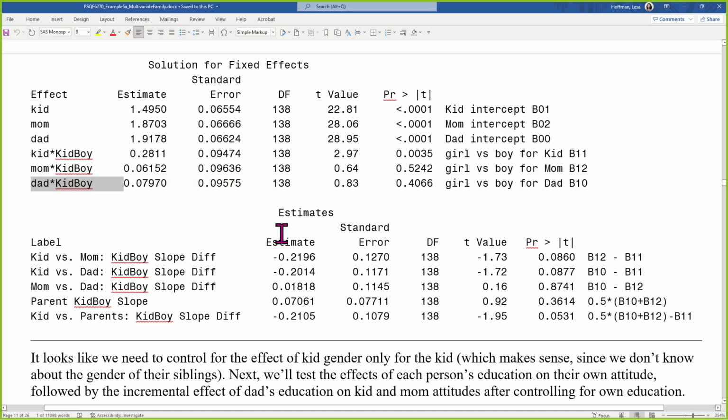I could have parameterized the model so that I had interactions in it, though. That's the thing. What I have are 3 potential intercepts and 3 potential slopes. If I took out the dad here and put in a general intercept instead, then what I would have is a main effect of kid boy and then an interaction with dad, and that would be telling me directly what the difference in the slope is between kids and dads, for instance.